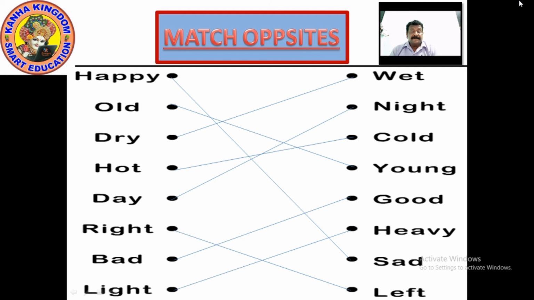Now, match the opposites. When we talk about opposites: happy, sad; old, young; dry, wet; hot, cold; day, night; right, left; bad, good; light, heavy.